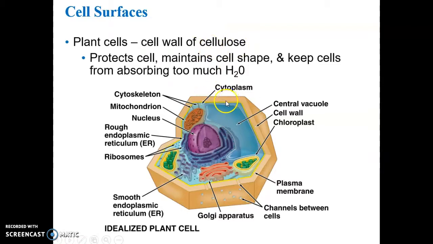And it's a tough, strong, rigid material, and it gives the cell protection and also helps the cell be somewhat rigid and allow it to maintain its shape. So it's a good material to allow plant cells to get organized like building blocks or like bricks on a wall.